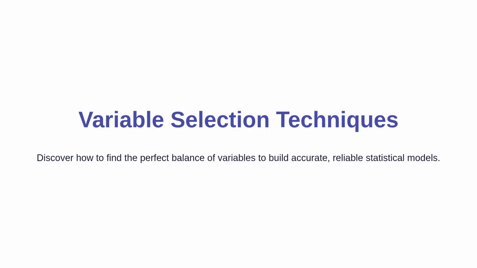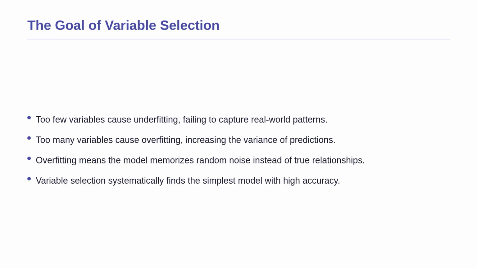Now that we understand the goal is balance, let us look at what happens when we get it wrong. When we build a regression model, we might be tempted to throw in every possible factor. However, including irrelevant or redundant factors actually harms the model. This increases the variance of our predictions, causing a problem known as overfitting.